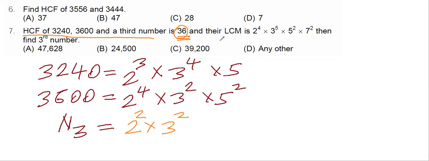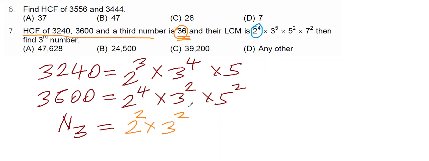Okay, then what it says? It says LCM is 2 to the power of 4 into 3 to the power of 5 into 5 square into 7 square. So in 2 to the power of 4, do I have 2 to the power of 4 here? Yes, I have. So no need to write anything here. 3 to the power of 5, do I have 3 to the power of 5 over here?